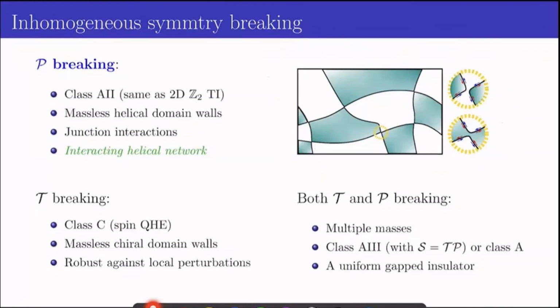However, this system also contains a junction where the edge states are close to each other. So we want to analyze the interaction and the perturbation from the junction, and this also realizes an interesting platform for the interacting network model, which was not studied before.